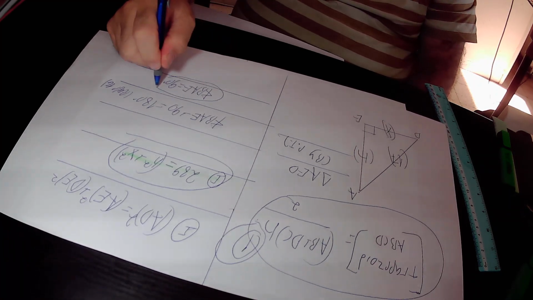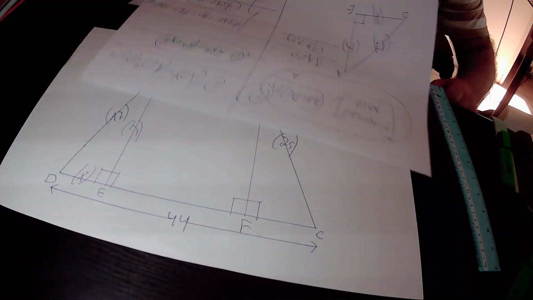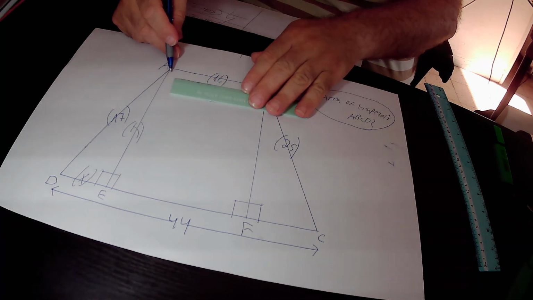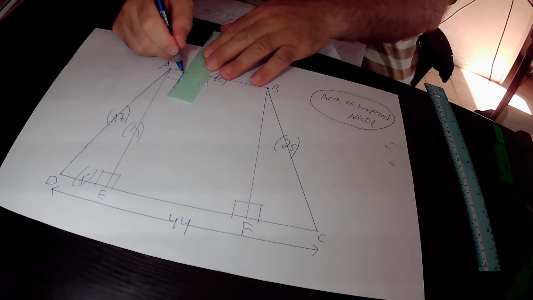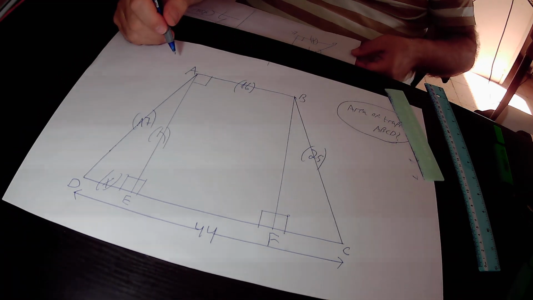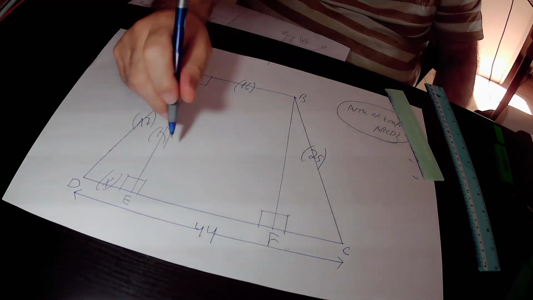So we found that the missing angle BAE is 90 degrees, according to rule 16, of course. So inside quadrangle ABFE, we have 1, 2, 3 right angles.